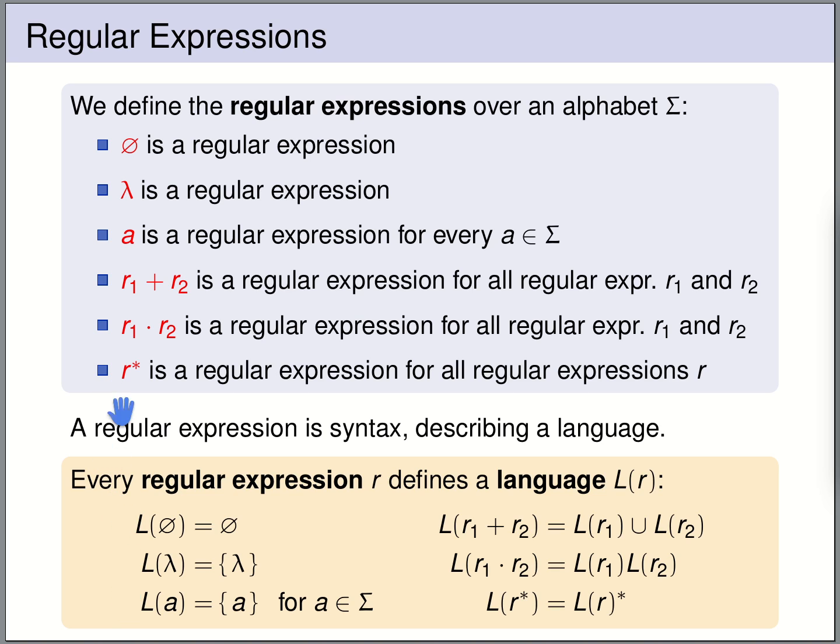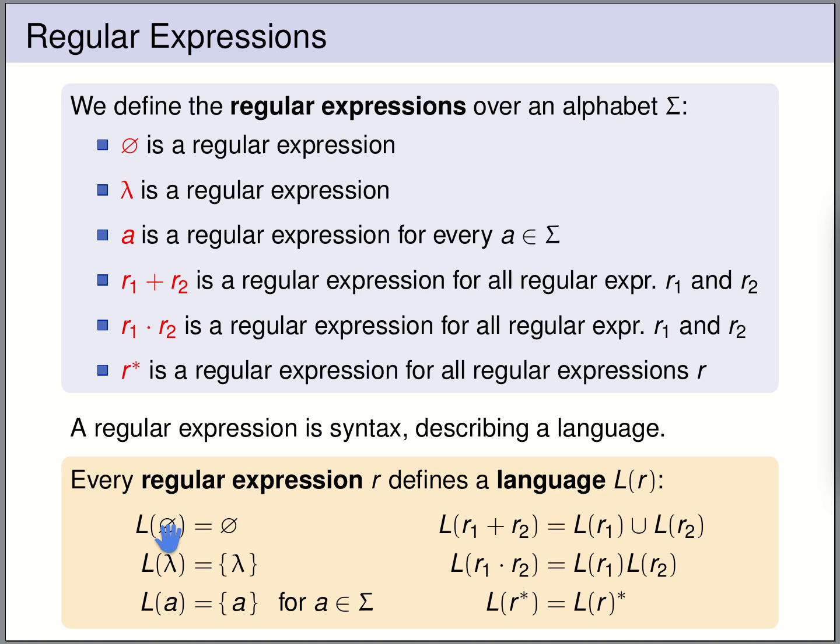So we associate to each of these regular expressions a language. And of course, the language associated to the empty set symbol is the empty language. So we are overloading notation here by using the same symbol as the language, but I hope it's not confusing because the meaning is quite close to the symbol.